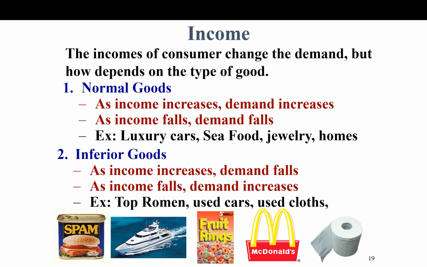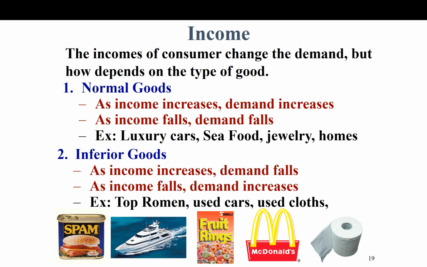Inferior goods, we also understand these pretty well, but it might not be so obvious right off the bat. An inferior good is one as income increases, demand falls, and as income falls, demand increases. So think of all the things, and you may be in this point right now, as a starving college student, you think to yourself, boy, when I make some money, I am never going to buy this again. Those would be inferior goods.